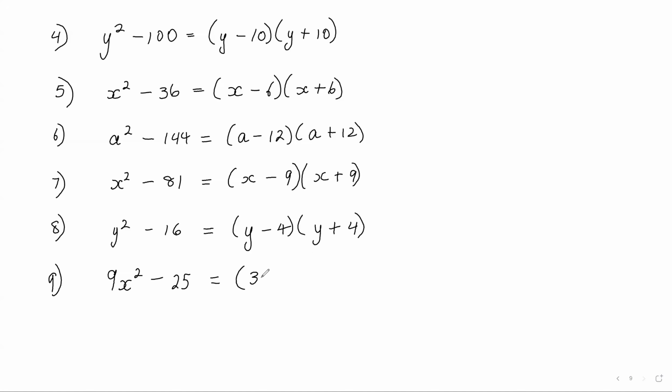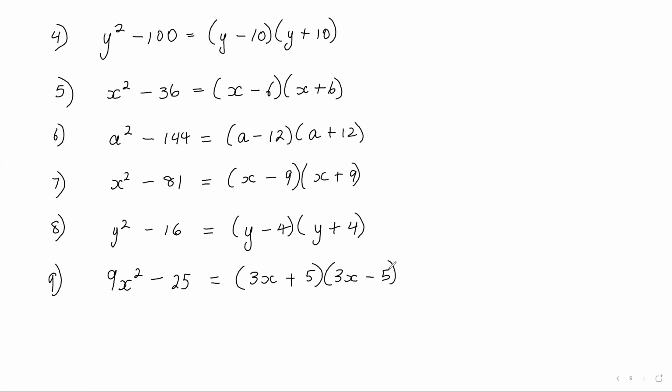That's right. 3x plus 5. And then the second brackets will be 3x minus 5. Wonderful. Right, girls? Because the square root of 9x squared is 3x, since 3x times 3x gives me 9x squared.